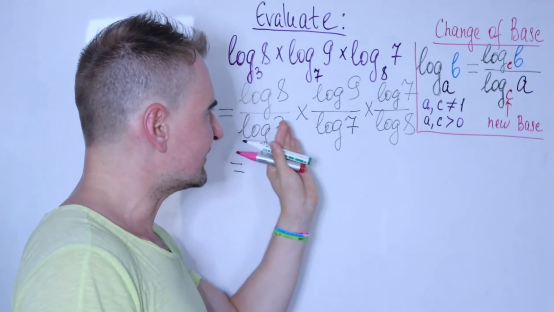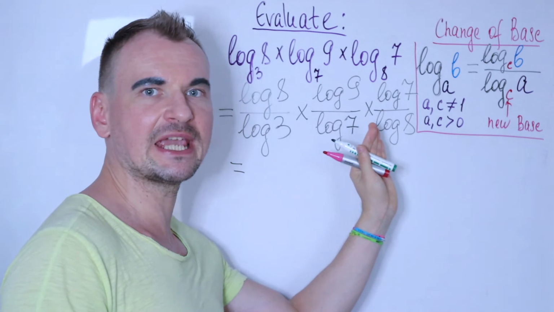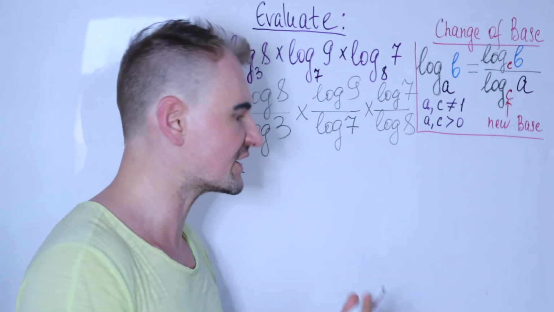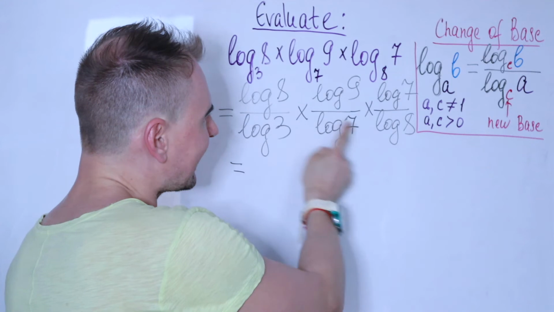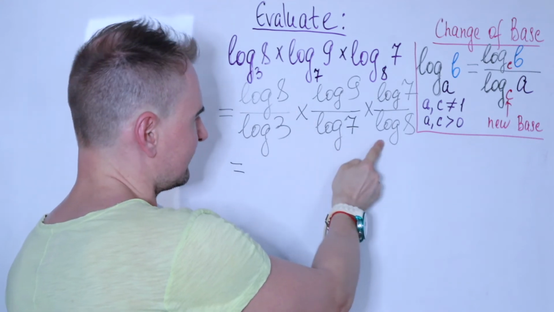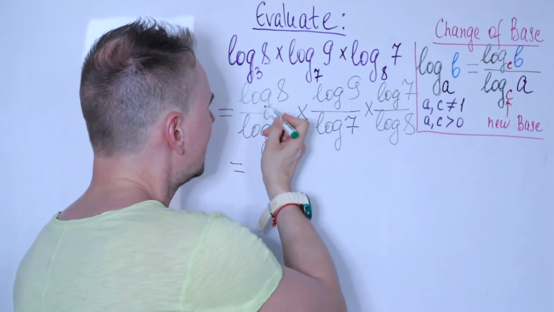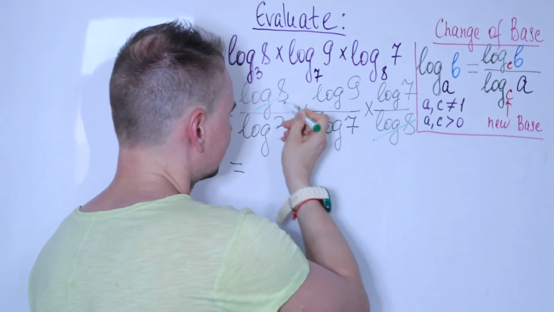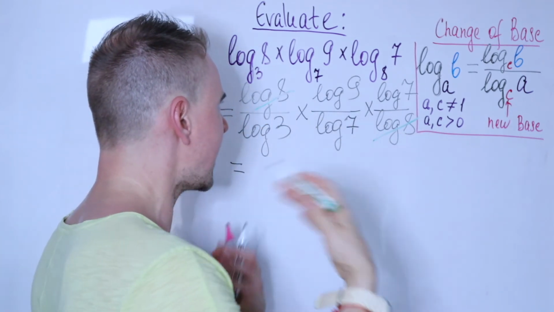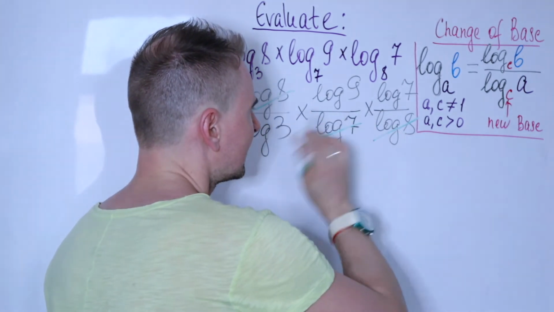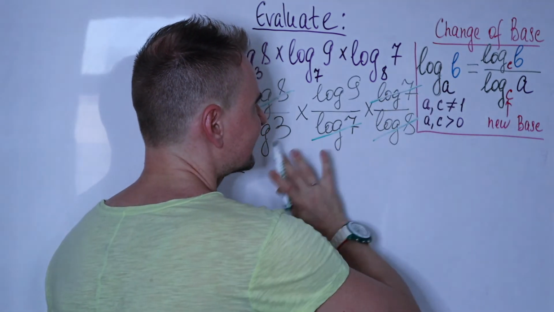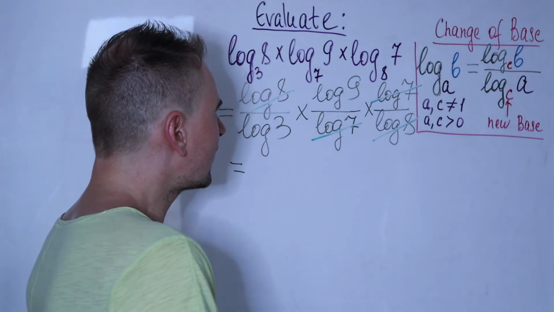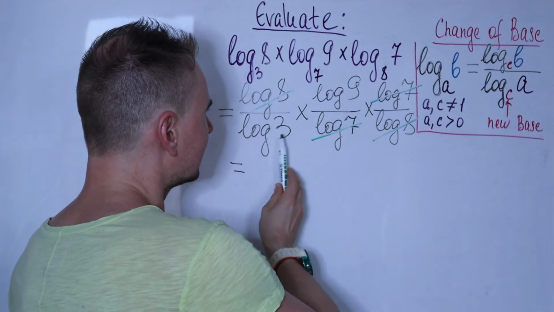Now, since we have multiplication between these three fractions, we can simply cancel the same terms. So log of 8 and log of 8 just magically cancel and disappear. Same goes for log 7. And now we have log 3 and log of 9.